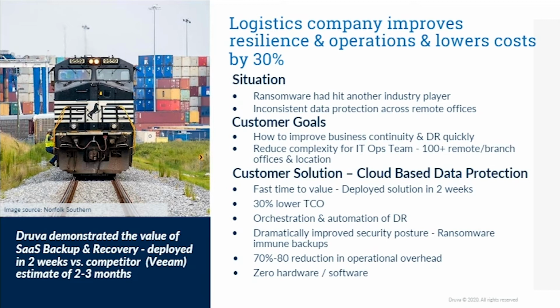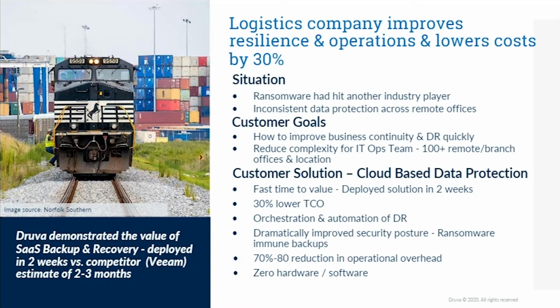They were able to have the DR capabilities that they needed across all these offices, with both orchestration and automation of that DR process. So if they lost capabilities in an office, they could fail over and have that data available in the cloud.